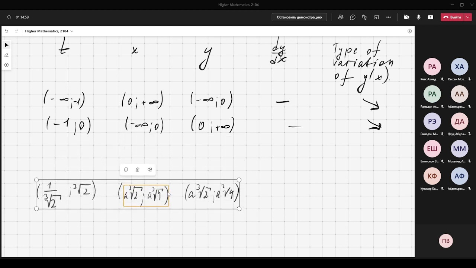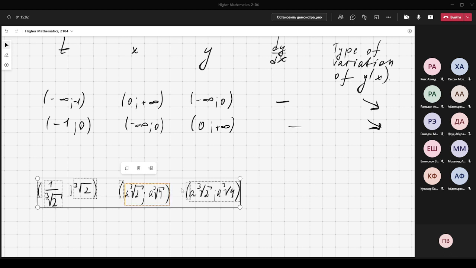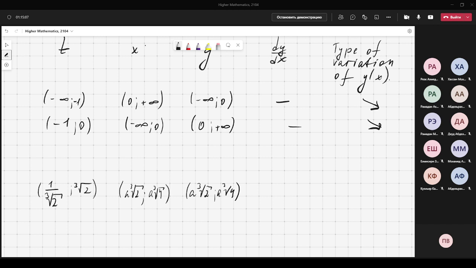It is x from 0 to a times cube root of 4, and y from 0 to a times cube root of 2.